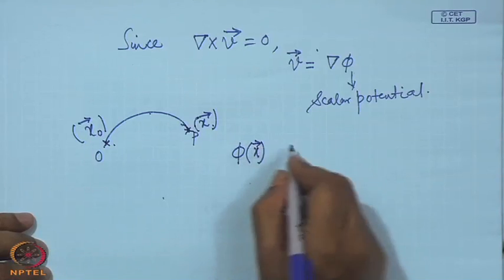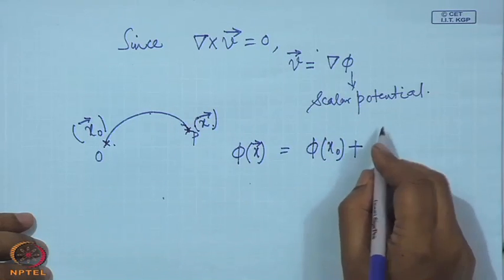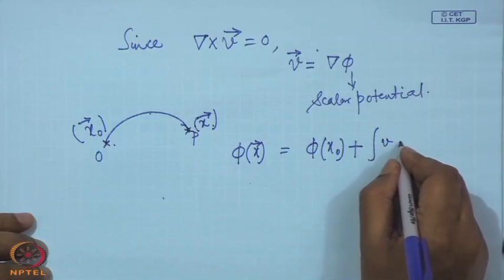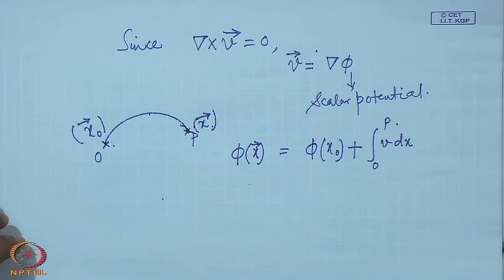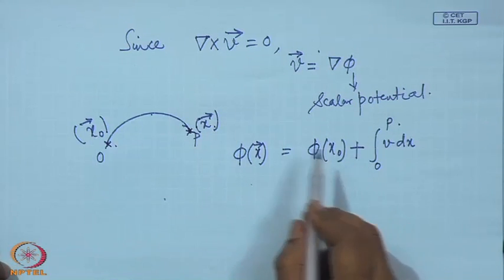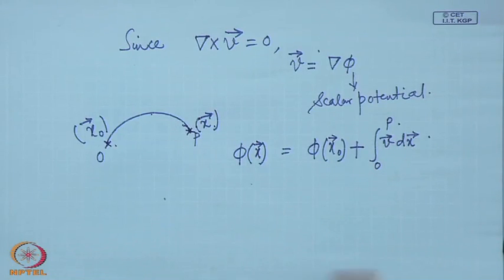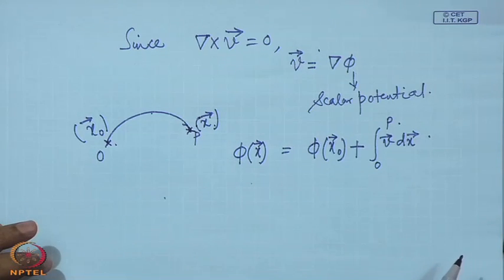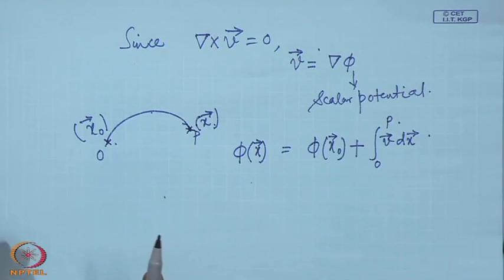So, phi of x is given by the integral. And this is true for any two paths which form this reducible curve, the difference.